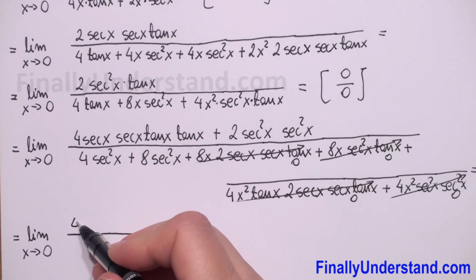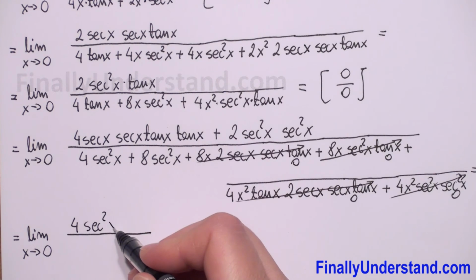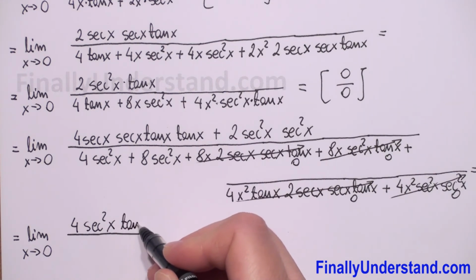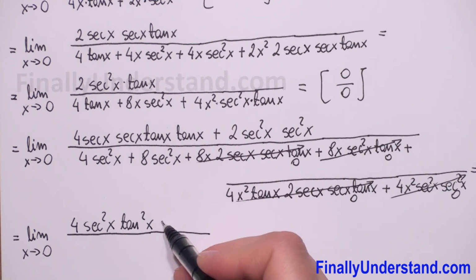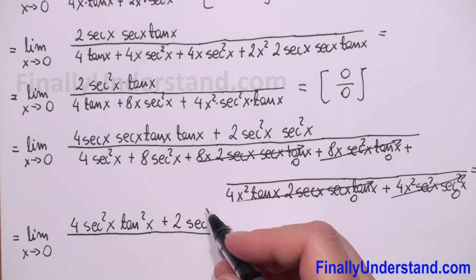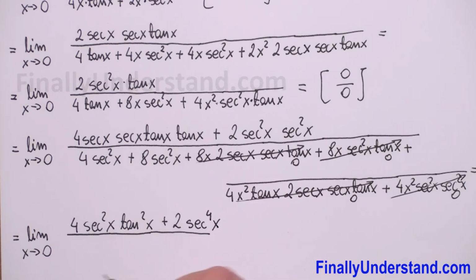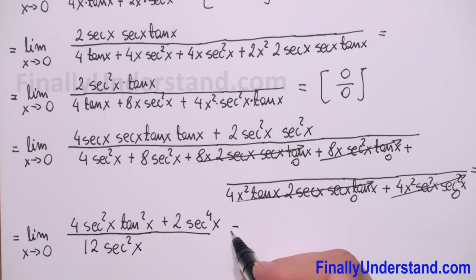We have 4, secant and secant will be secant square of x, tangent square of x, plus 2 secant to 4th power over, we have 4 plus 8 is 12 secant square of x.